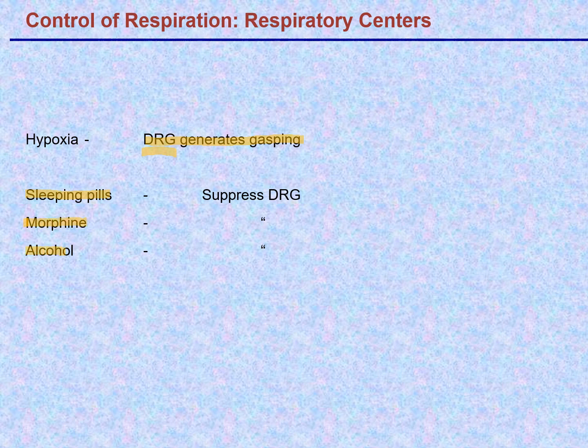And also alcohol suppresses that. And the two together, sleeping pills and alcohol, or sleeping pills and morphine, can be a deadly combination, and the person simply doesn't breathe. The signals aren't coming out, so they're unconscious. They fall asleep, intoxicated with sleeping pills, morphine, or alcohol, or a combination, and they just stop breathing. They die.